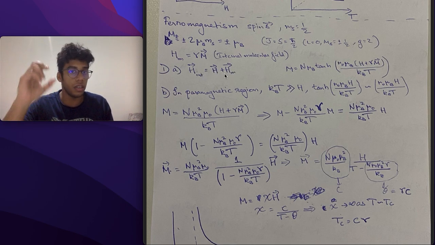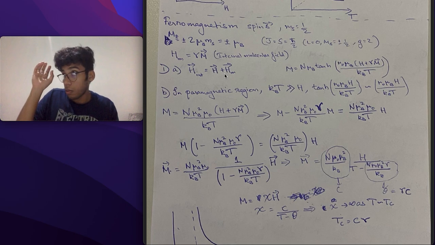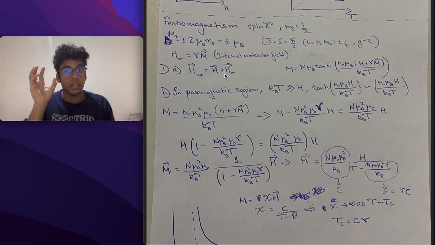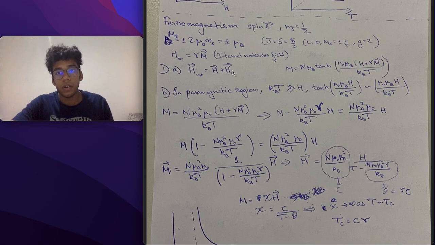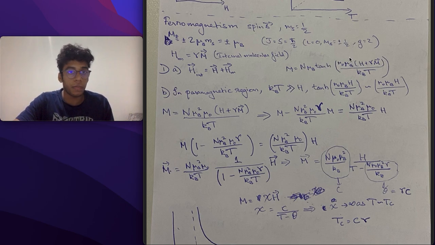That is basically your applied field plus the internal field. That gives you the total magnetic field, right? So now your magnetization is equal to n mu_B tanh, the same formula as before, except that you replace H by H_int, which is H plus gamma M, right?